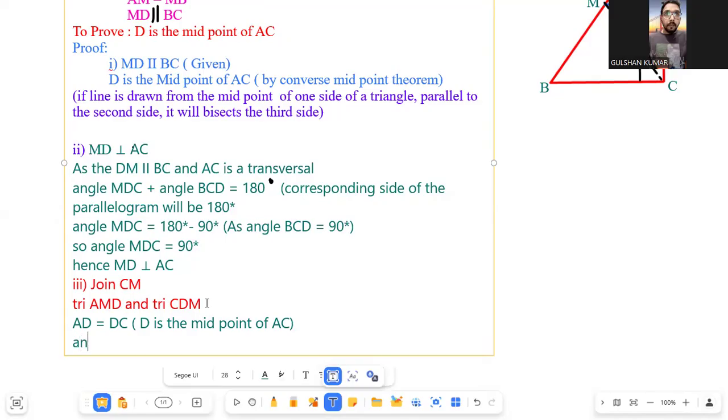So angle ADM equals angle CDM, that equals 90 degrees. Earlier we have proved that. And MD equals DM, that is common here. Oh sorry, writing mistake. So common here.